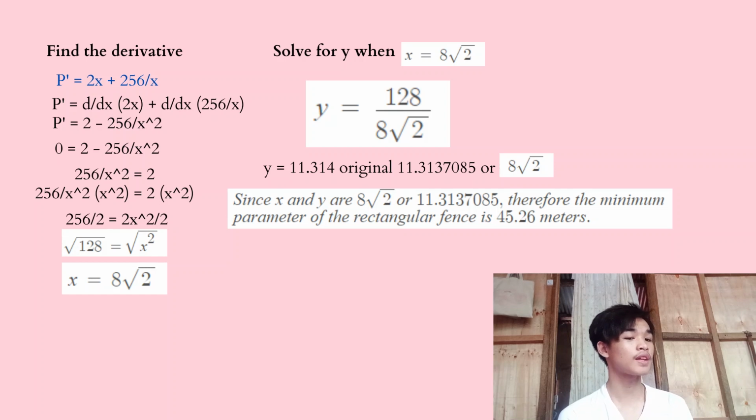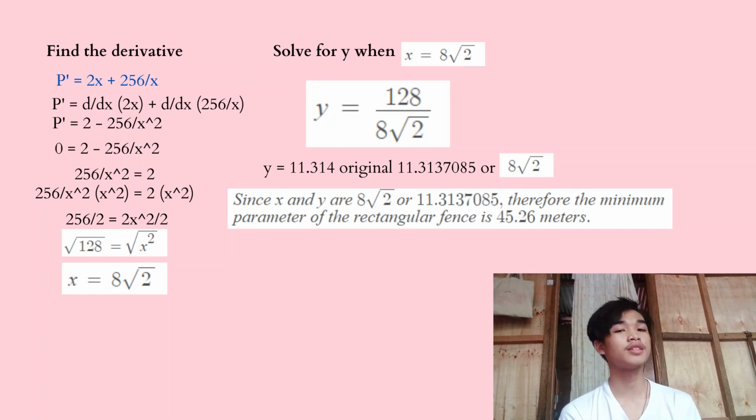After we get the derivative, we will solve for x, which we transpose, changing it to 256 over x squared equals 2. We need to remove the x squared below 256, so we multiply both sides by x squared. So it will turn out to 256 over x squared times x squared equals 2 times x squared.